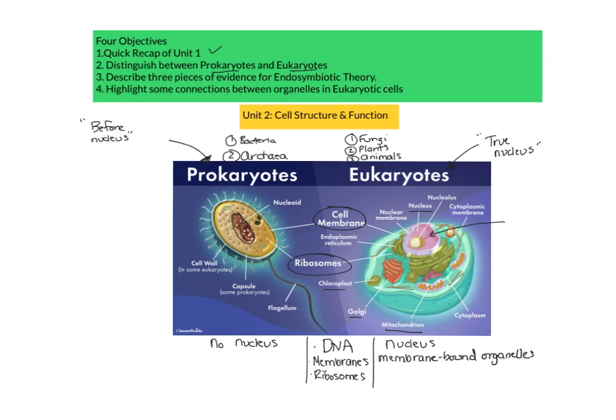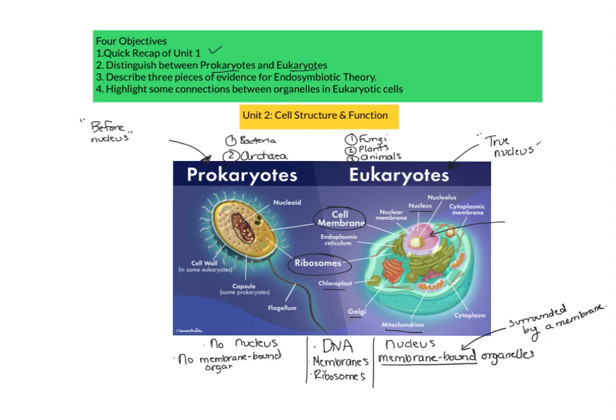And by membrane-bound, that just means that these structures are surrounded by a membrane. But inside of a prokaryote, not only do they not have a nucleus, but we also don't see any membrane-bound organelles.